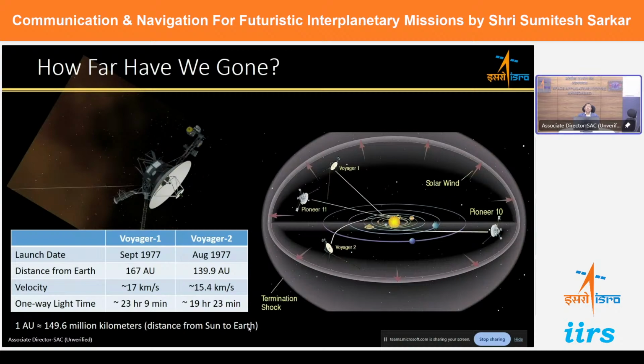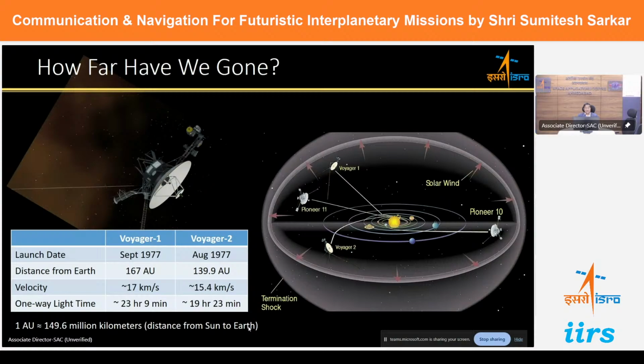So how far have we gone so far? If you see, the two satellites, Voyager 1 and Voyager 2, were launched by NASA in 1977. And right now they are 167 astronomical units away.